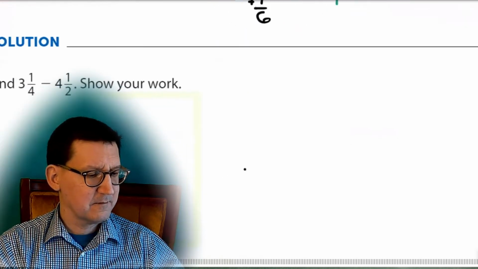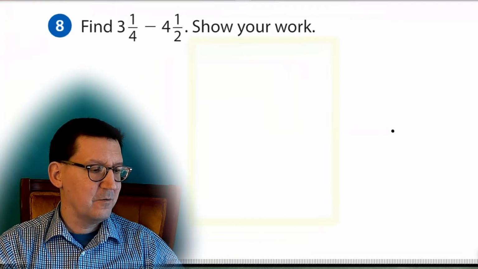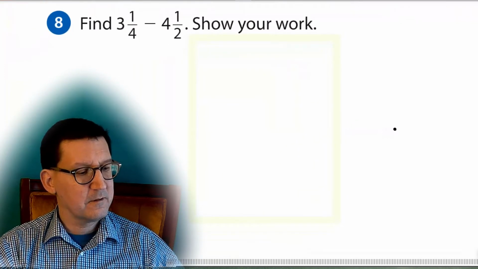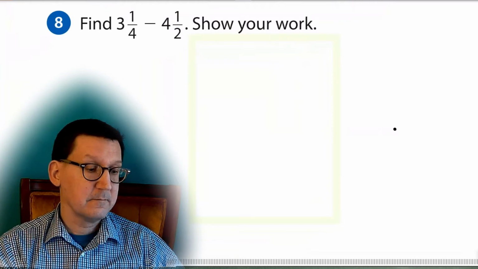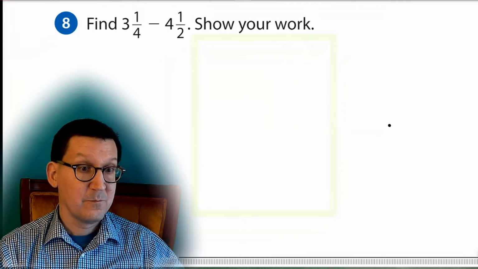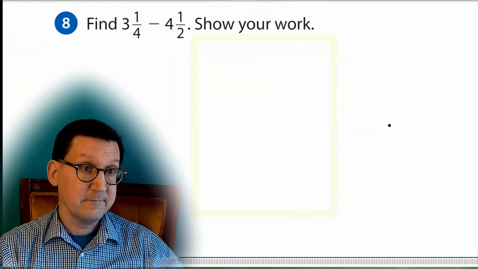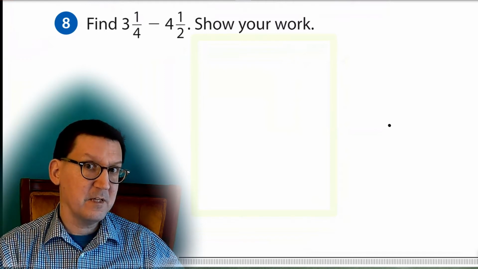Let's look at number 8. Number 8, that's an easy one. We are finding 3 1/4 minus 4 1/2. And show your work. So, how would we find 3 1/4 minus 4 1/2? Well, it's kind of like what we did with number 7, isn't it?